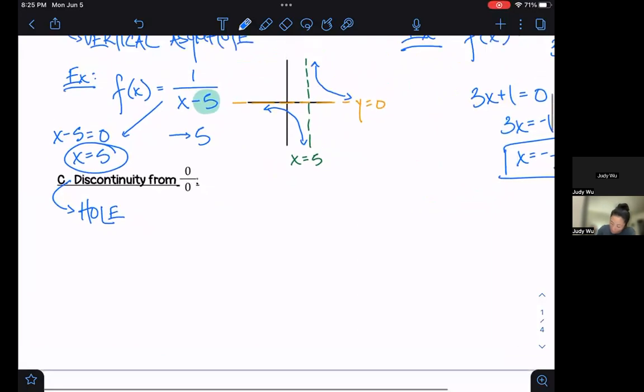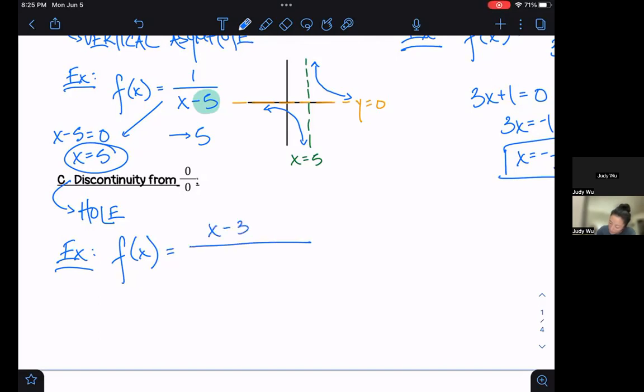Right? So what do I mean by that? Example. F of x equals x minus 3 over x minus 1 times x minus 3.